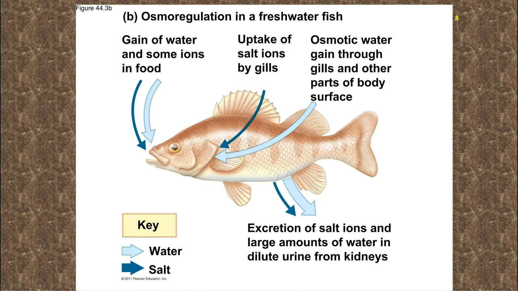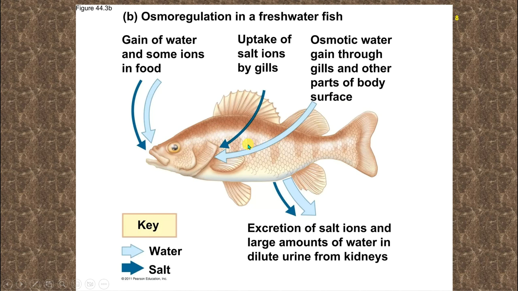There will be intake of water and salt, which are the two key factors in this condition, and there will be a gain of water and some ions in the food through the mouth. At the same time, there is uptake of salt ions by the gills. See here, the uptake of salt ions and osmotic water gain through gills and other parts of the body.